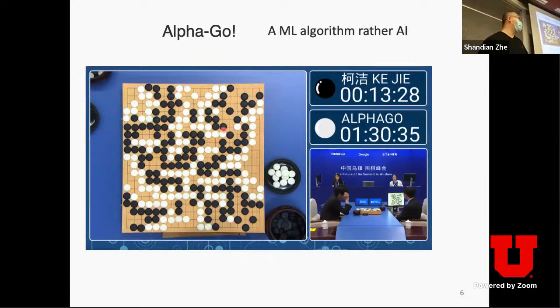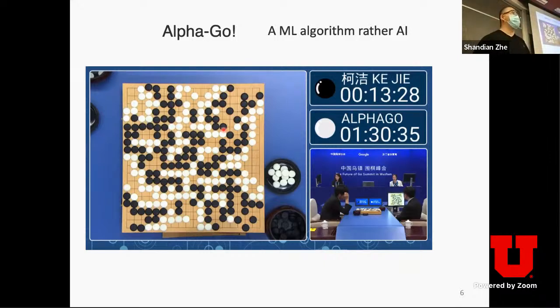At that time, people were still pessimistic about Go players, and many scientists, engineers, and researchers claimed that we wouldn't see a reasonable robot Go player in our lifetime.